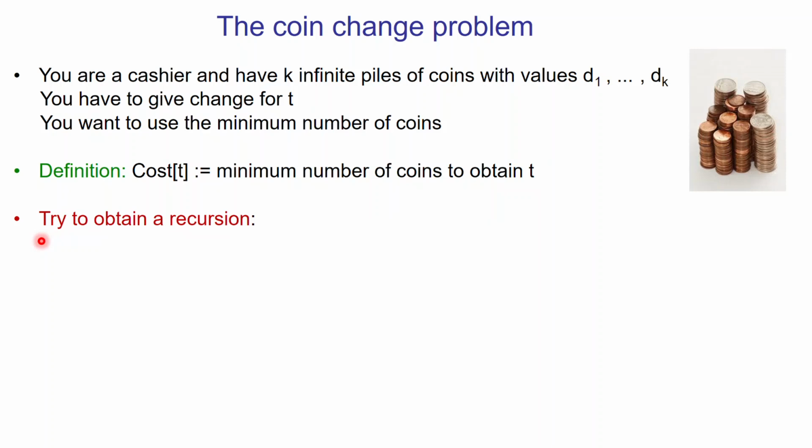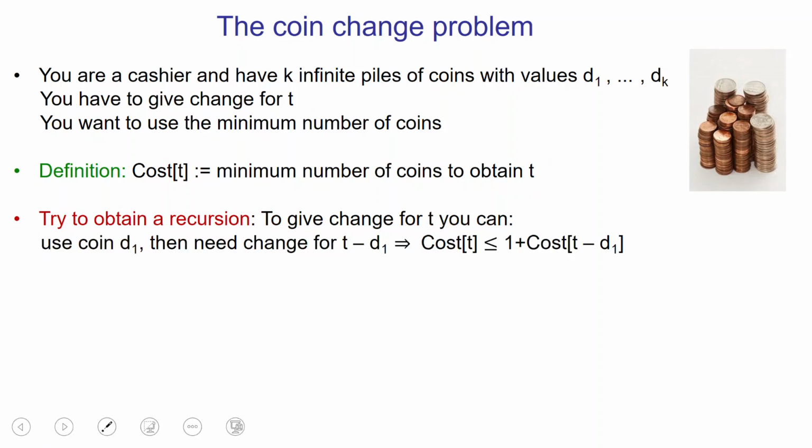Well, we start thinking along these lines. If we want to give change for t, what can we do? Well, one thing we could do is use the first coin, D1. If I use the first coin, then after I give this coin, I will still need to give change for t minus D1.